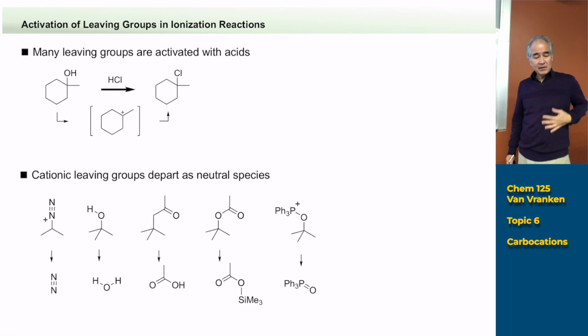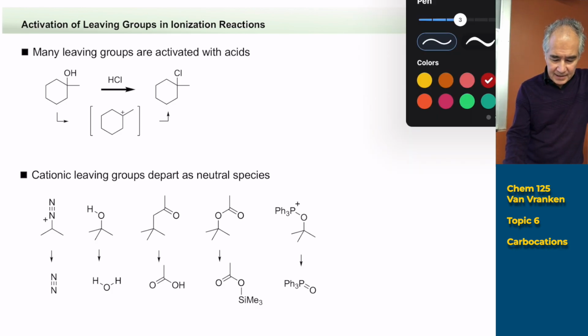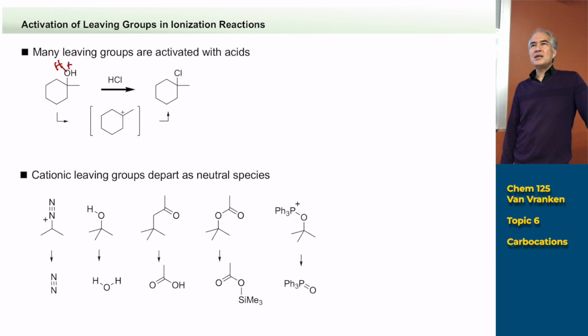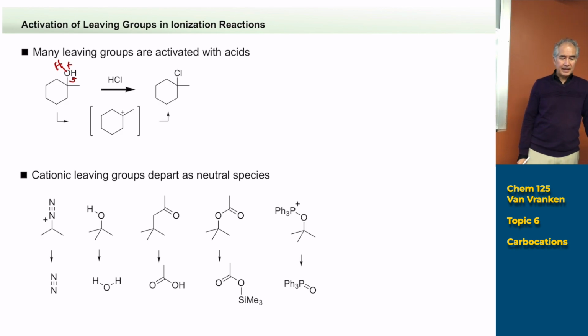Okay, let's take a look at some neutral leaving groups. When you do this type of SN1 ionization reaction that I'm showing over here, you go through an intermediate, like this oxonium ion. You protonate the water. I'm not going to show that step. HCl can add a proton to the OH. Hope you know that chemistry from your introductory organic chemistry class. You have this oxonium ion leaving group, and then that leaves, and it'll make a carbenium ion.